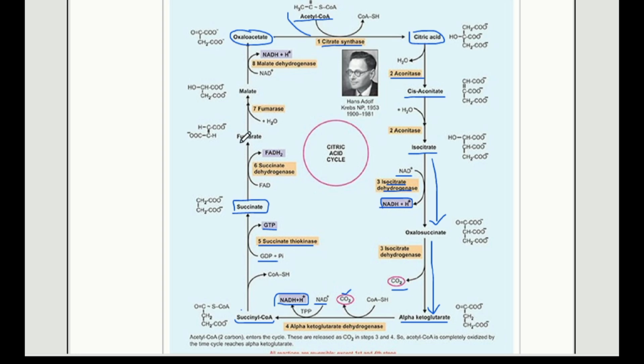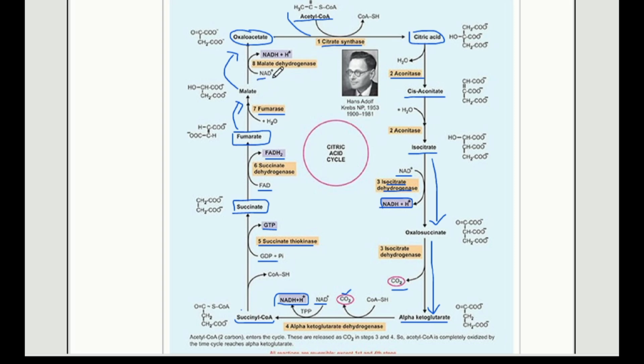Succinate is converting into fumarate. Here FAD is converting into FADH2. Fumarate is converting into malate. Here the enzyme is fumarase, fumarate to malate, and malate is lastly converting again into oxaloacetate.